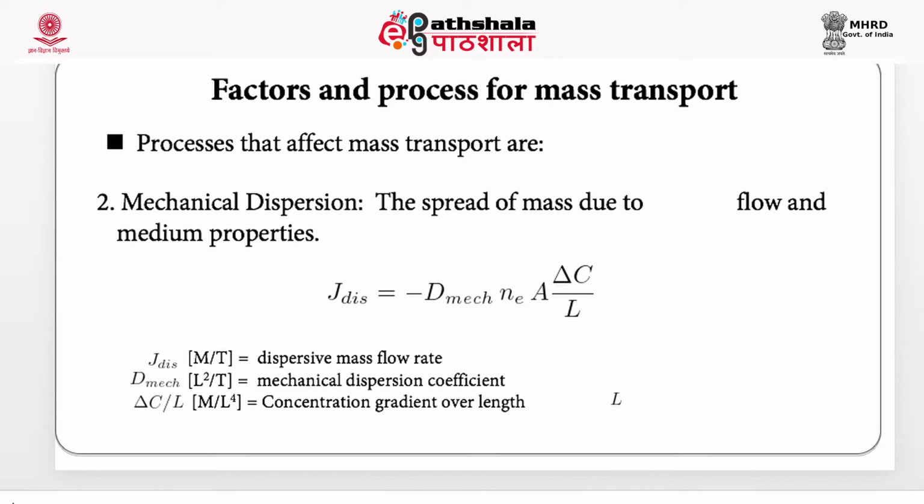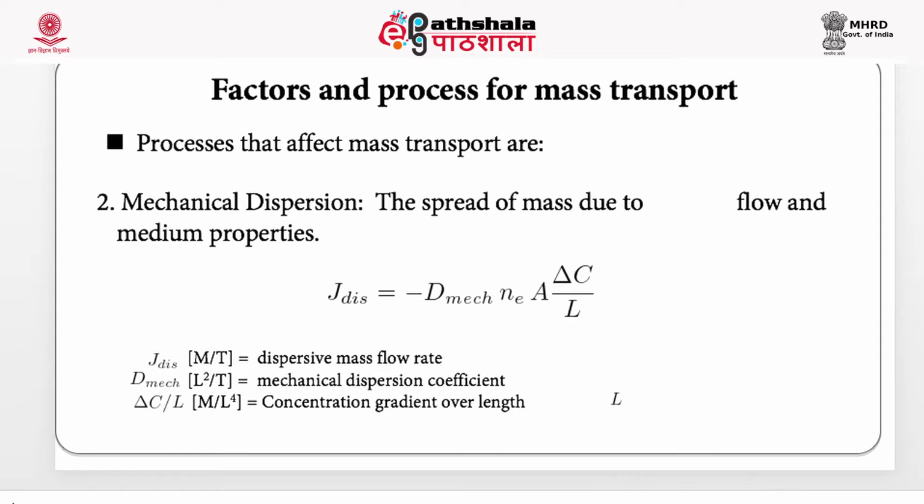So it is basically a physiochemical process, and this is mathematically described by the dispersive mass flow equals a constant called D_mech, which has a dimension of L squared by T, times the area and the concentration gradient delta C by delta L. Of course, this has to again be connected with the connected pores, and that is quantified by effective porosity, that is Ne.